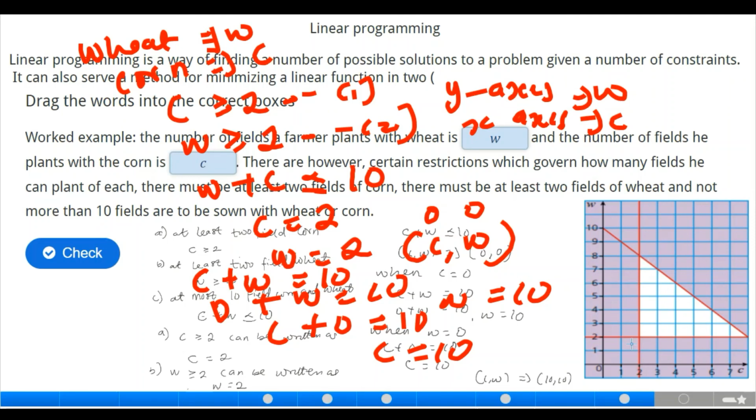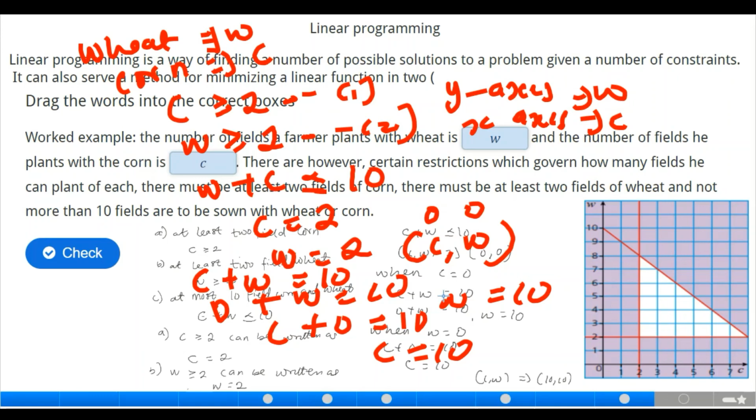Now for W equals 2 as well, we have a thick line because we are having W greater than or equals to 2. Now for the other one, when C equals 10, W equals 10 as well. So we are placing W to be 10, you see the point, and also C equals 10. So this unshaded region is the solution set for this inequality.